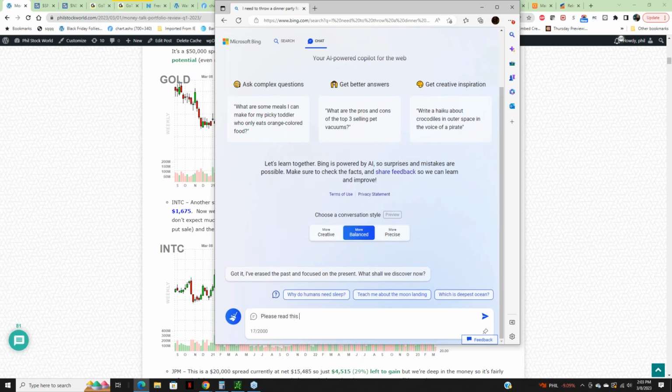Please read this article and comments, and let me know what ideas seem to be the most investable.